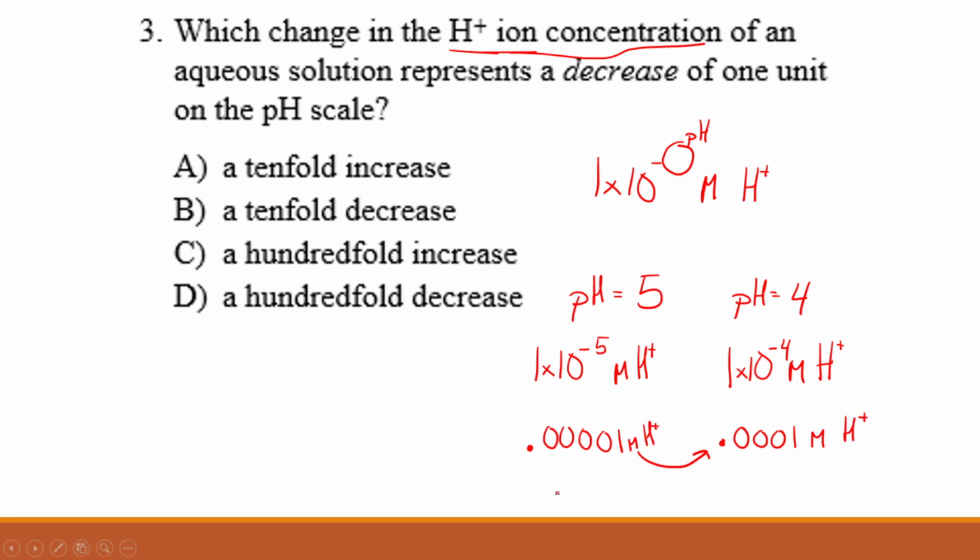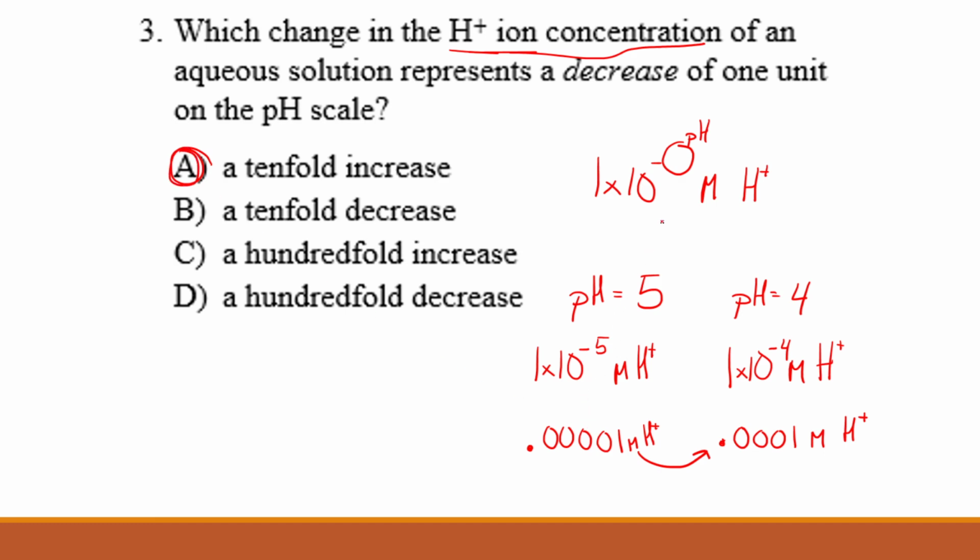Negative exponents get smaller the bigger they get. 1 times 10 to the negative 1 is 0.1, so the smaller exponent here is a bigger value, which does make our answer A.